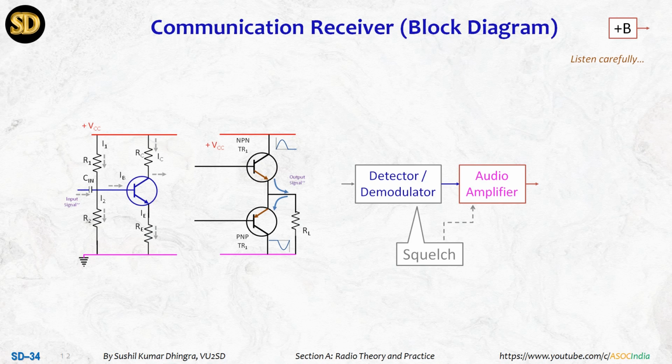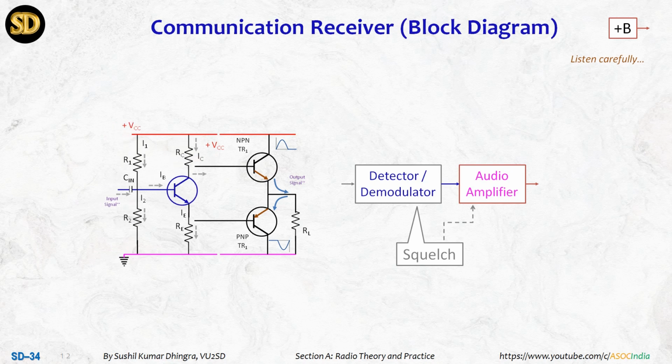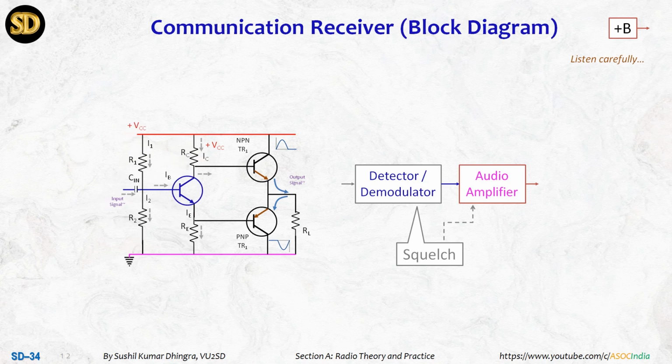This class B amplifier is the next level for the power audio amplifier, and we have to combine them. Now this combined set works as one complete audio amplifier. Even if you need bass and treble, you can add an equalizer also, but that is a separate issue for a separate time.